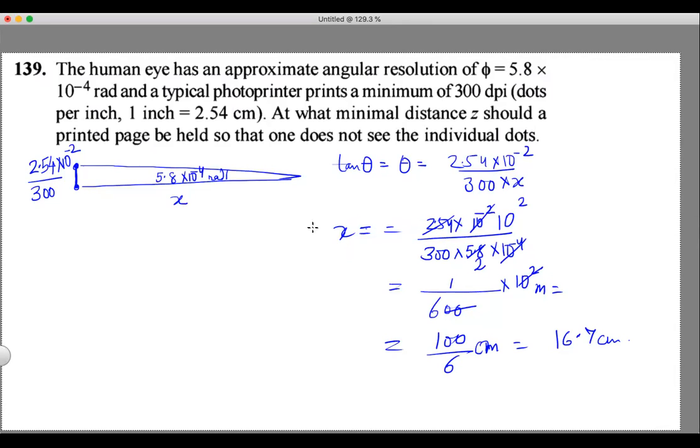Okay, this is approximate, because I have made this approximation here.